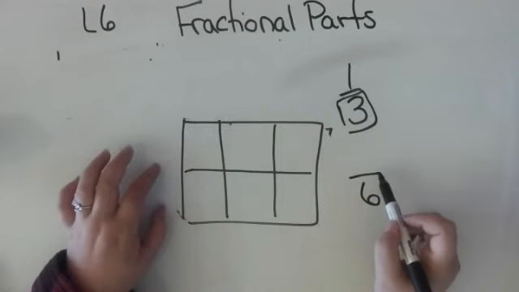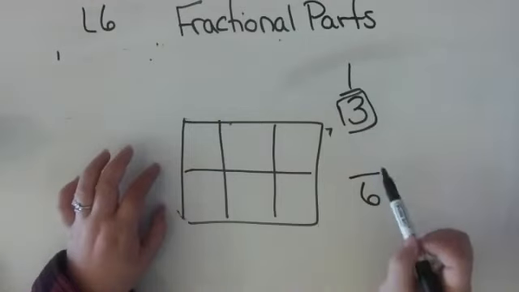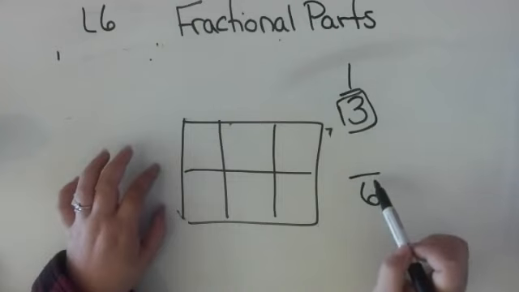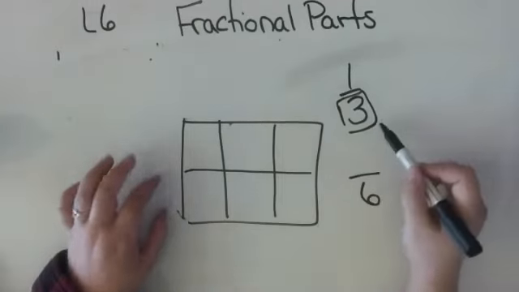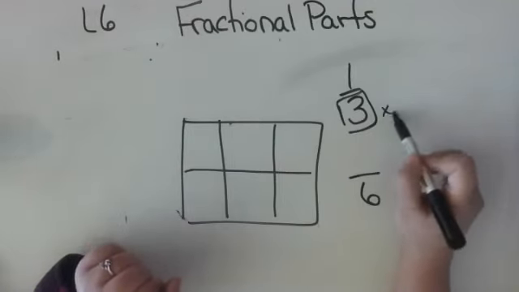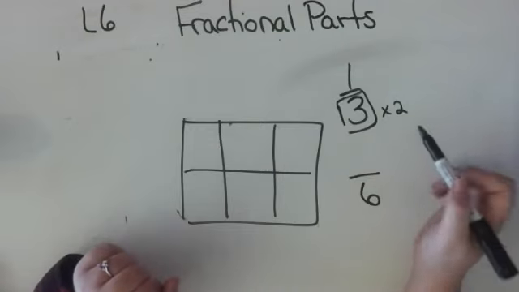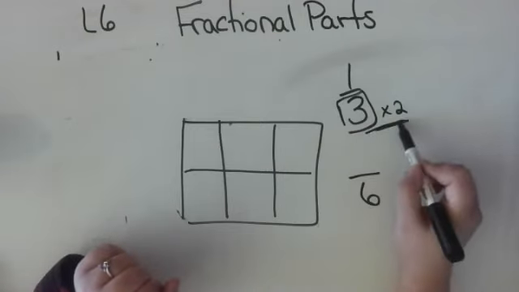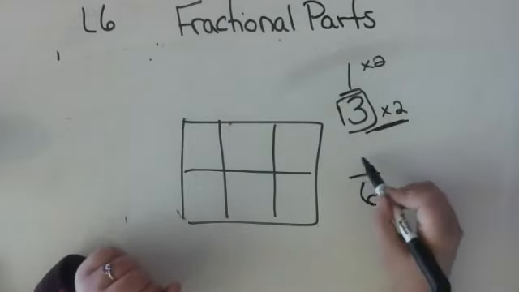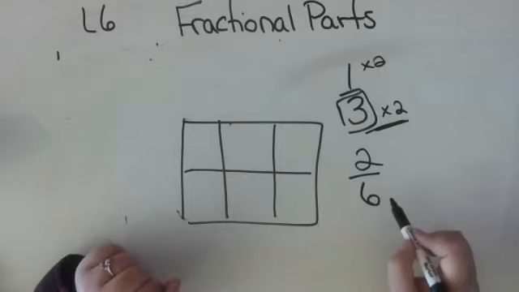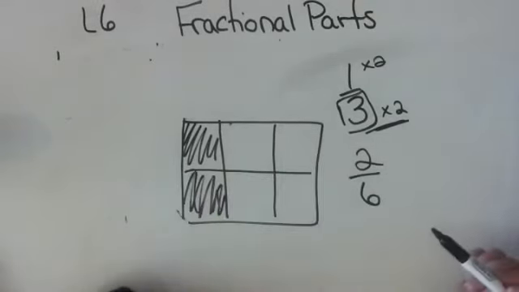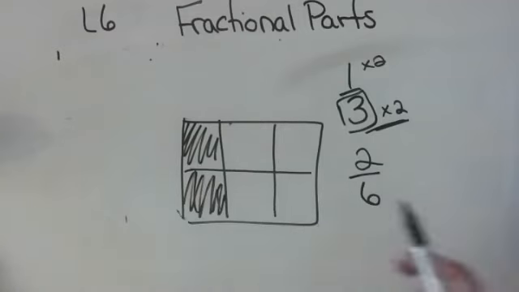So I need to figure out the equivalent fraction of 1/3 with 6 as my denominator. I can do that by saying, well, 6 is 3 times 2. So if I do something to the bottom number, my denominator, I have to do it to my top number, my numerator. So I would do 1 times 2, which gets me 2. And I would shade in 2/6. 1, 2. And you now have 1/3.